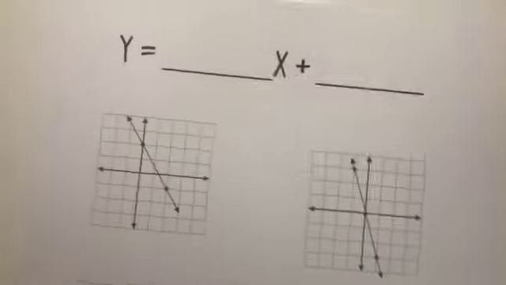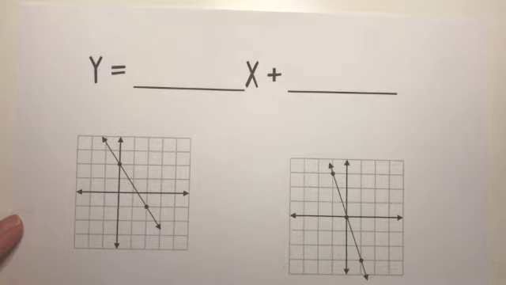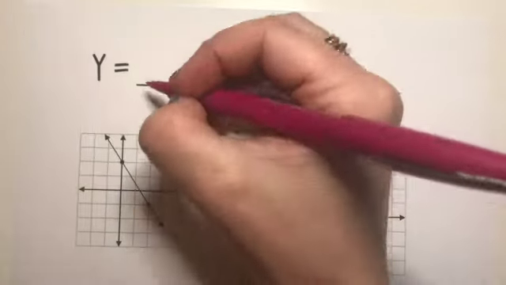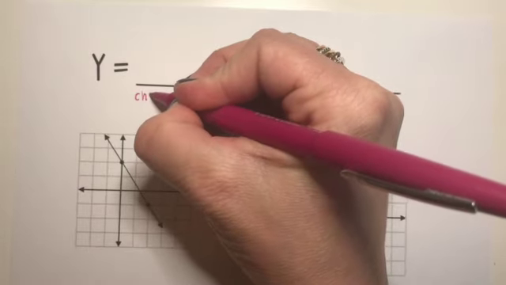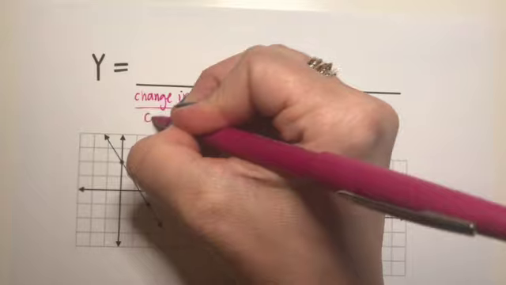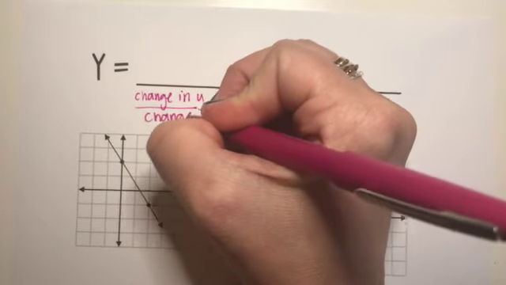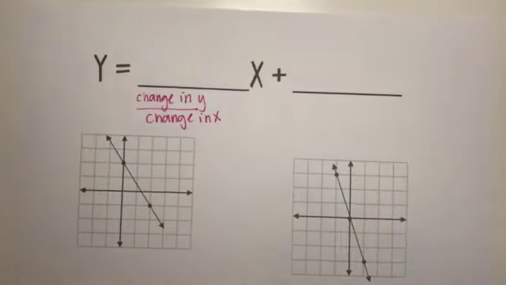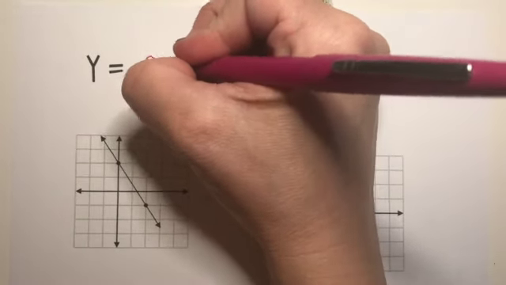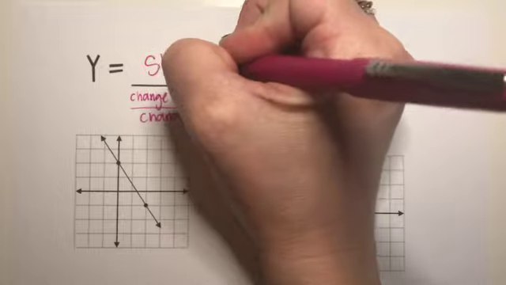Okay, so now turn your notes over or get out your second page. This is what it should look like. Okay, so it has y equals blank x plus blank. So think about what we just did, right? This was change in y over change in x. What's another name for change in y over change in x? The slope, right?